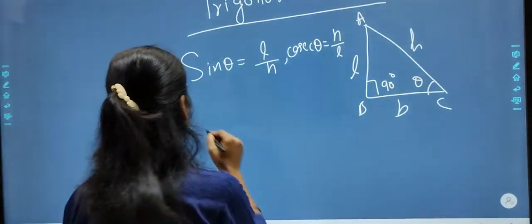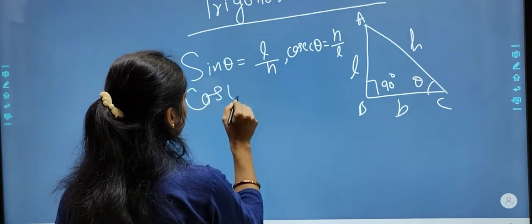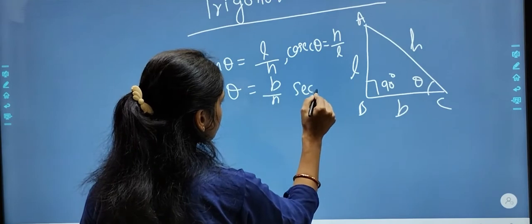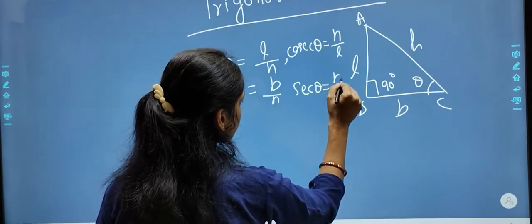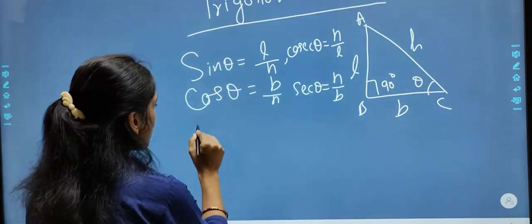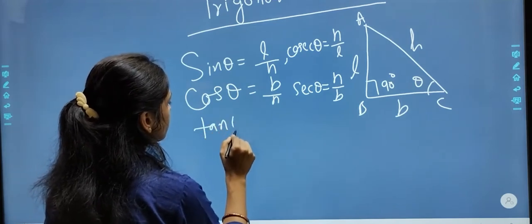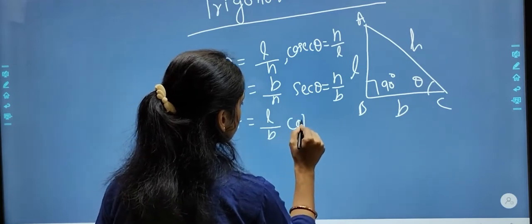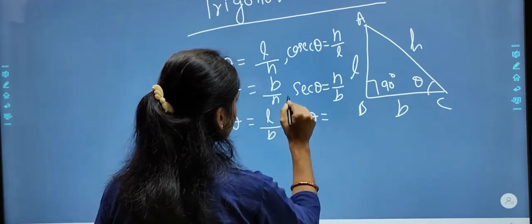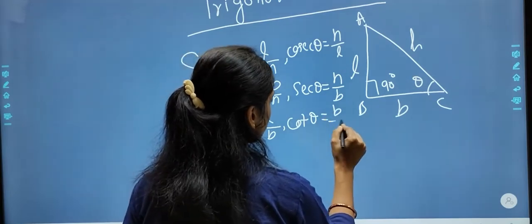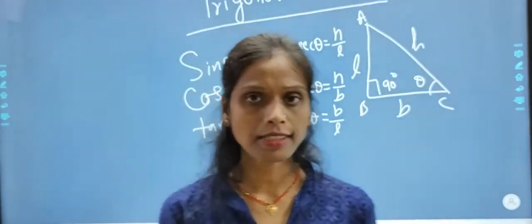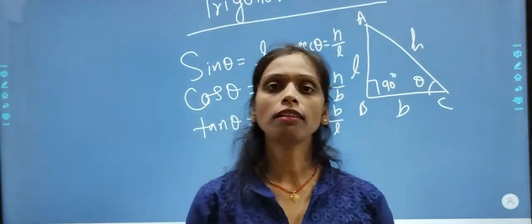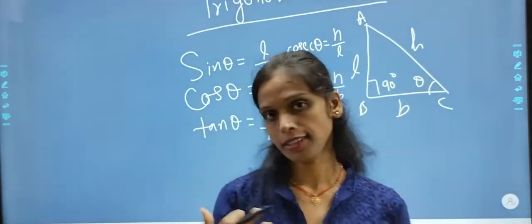Okay, and you already know about cos theta, B by H, and sec. Okay, and tan theta is equal to L by B, and cot is B by L. Actually, these are the six trigonometrical ratios you have already learned in our previous class 9th and 10th.